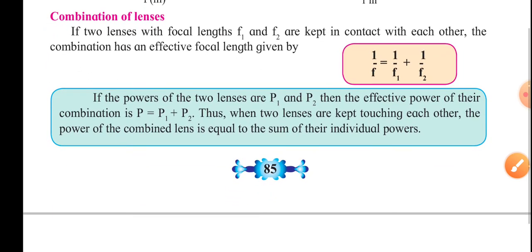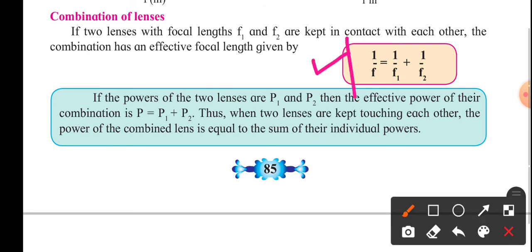And next is combination of lenses. If two lenses with focal lengths f1 and f2 are kept in contact with each other, the combination has an effective focal length given by this formula: 1 upon f is equal to 1 upon f1 plus 1 upon f2, where f1 and f2 are the focal lengths of the particular lenses, and f is the focal length of the combination of the lenses.